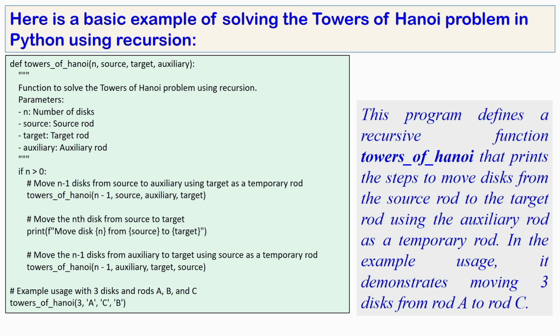The function Towers of Hanoi effectively moves disks between rods A, B, and C, demonstrating the process of transferring three disks from rod A to rod C.